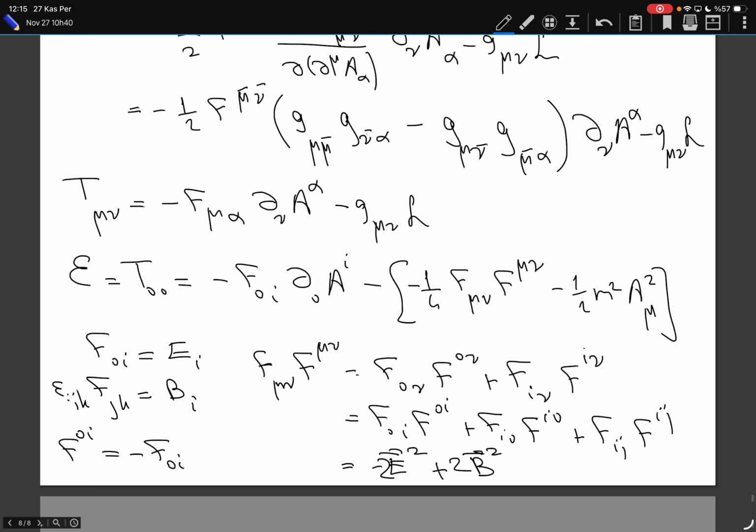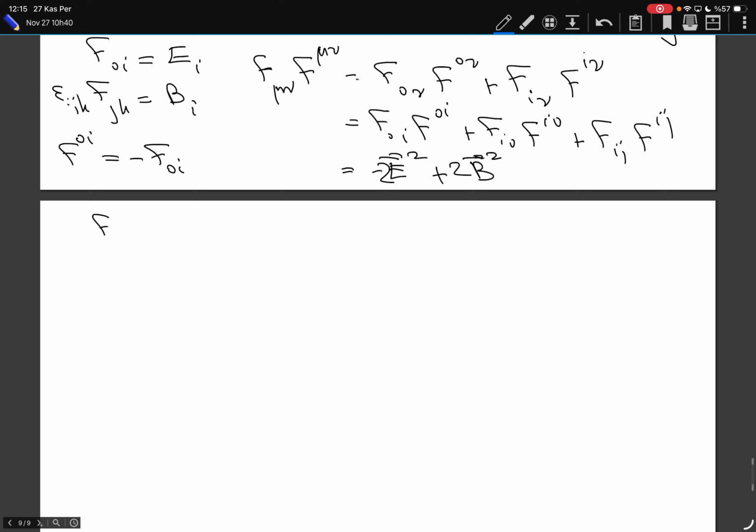Also, can I ask? We write the Levi-Civita tensor and F_jk equals B_i. If I write it down, I would write F_jk equals B_i epsilon_ijk. When I want to do that, there is a constant in front of that.